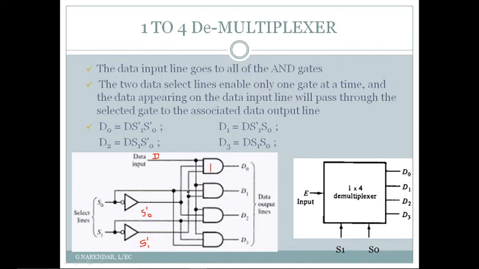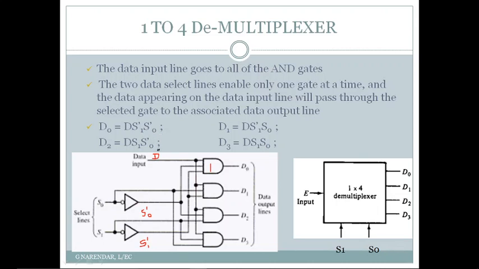So this is S1 bar and the second input is S0 bar. If the inputs are connected in this way, we will be able to realize the Boolean expression for the D0 output.